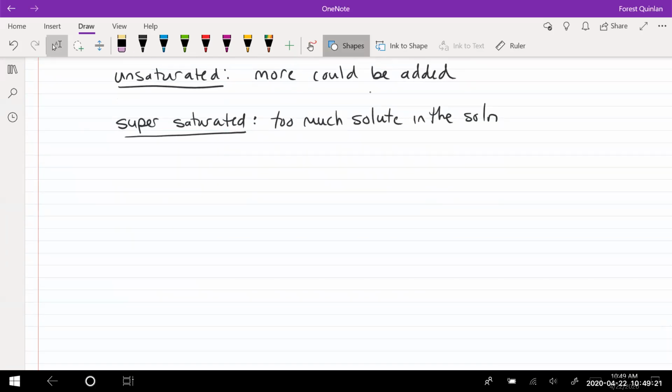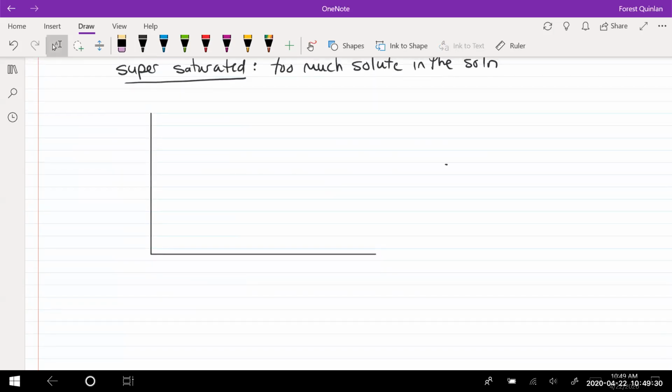Now, there is a neat little plot that can be made, and that is everything has a certain amount of grams of solute that can be put into 100 grams of solution. And it is a function of the temperature. A typical plot like this, now remember, we said if it wants to go in, it'll go in.